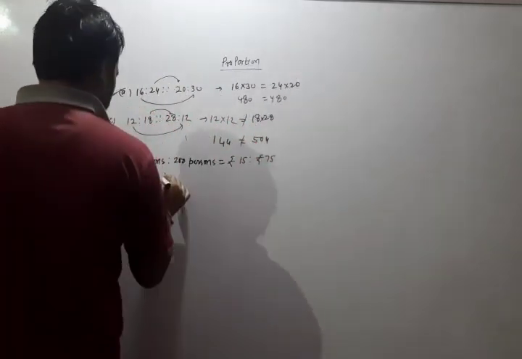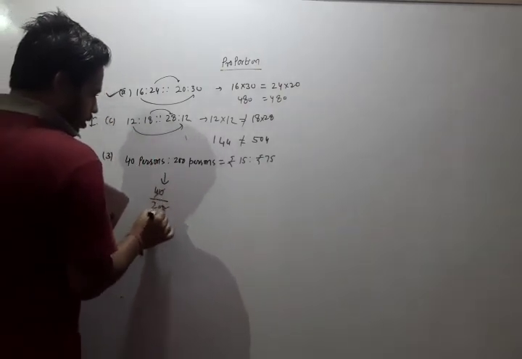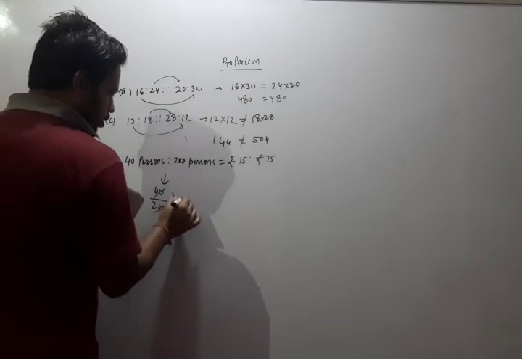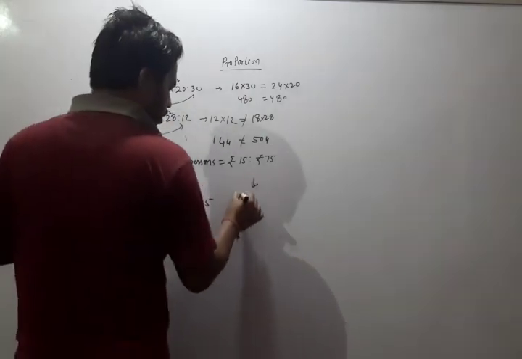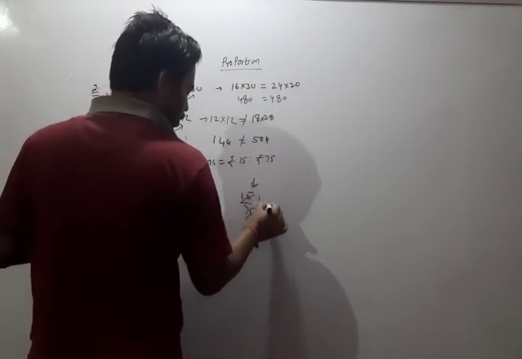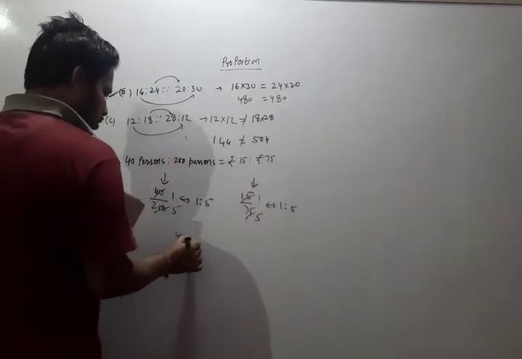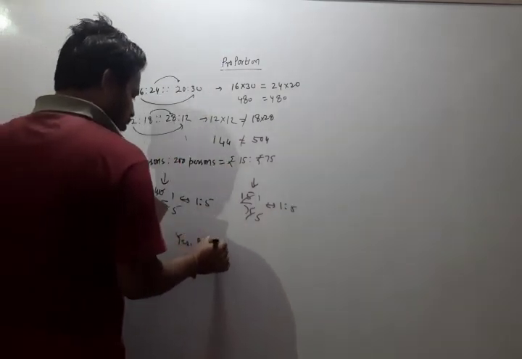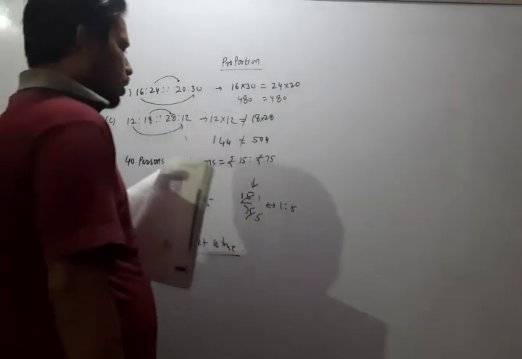So here you see 40 upon 200, 1 upon 5. So their ratio is 1:5. And here 15 upon 75, 1:5. Yes, it is true.